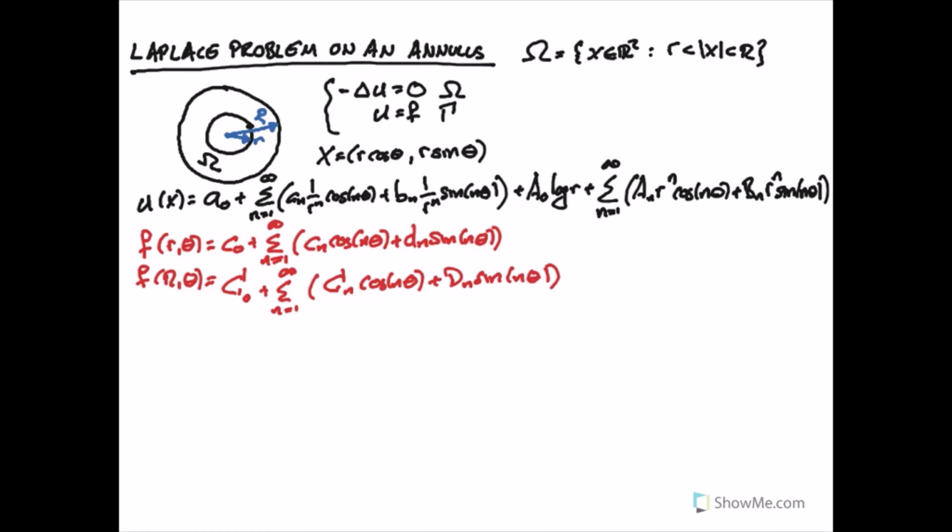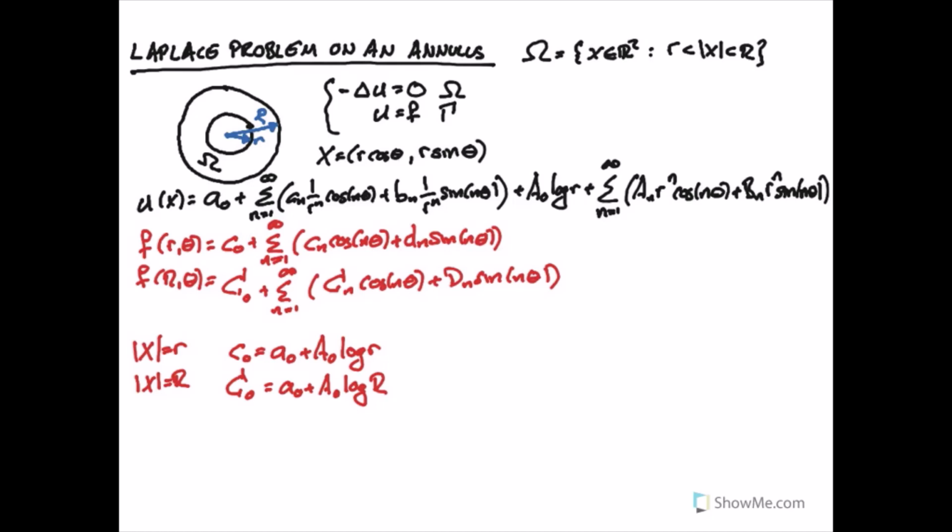Looking at the terms that don't depend on theta, if we set x equal to lowercase r on the inner condition, we see that C0 needs to match lowercase a0 plus uppercase A0 times log r, and then at the outer boundary we get uppercase C0 equal to the same thing but with uppercase R. So here's the linear system that allows us to determine lowercase a0 and uppercase A0.